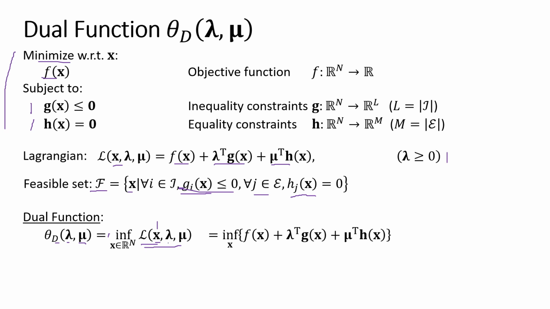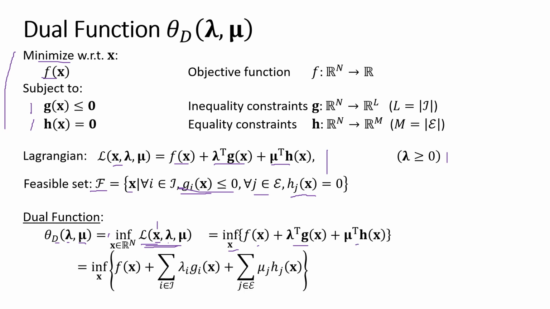And since the Lagrangian is given by this expression, we have theta d lambda mu equals inf of f of x plus lambda transpose g of x plus mu transpose h of x, which is equal to infimum of f of x plus summation lambda i g i of x plus summation mu j h j of x.